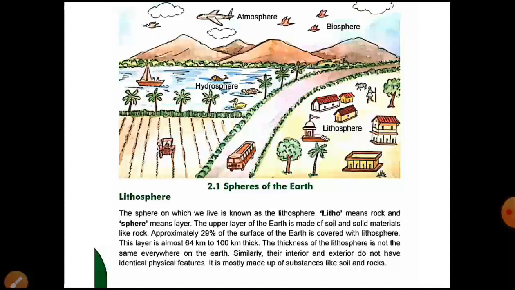Similarly, the interior and exterior do not have identical physical features. That's why we can't see the same physical features on the earth surface. Somewhere we can see mountains, somewhere plains, somewhere plateaus, somewhere valleys. Different physical features are seen on the earth surface.